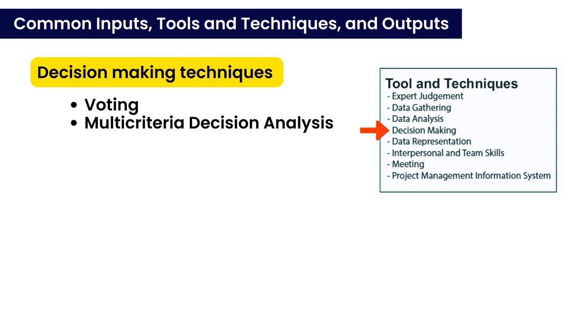For example, when selecting a team member, a project manager might evaluate criteria like availability, experience, education, and cost. A table can be created to compare each candidate against these criteria. Autocratic decision making. In this approach, a single person makes the decision on behalf of the team. These techniques provide structured methods to guide effective decision making in project management.